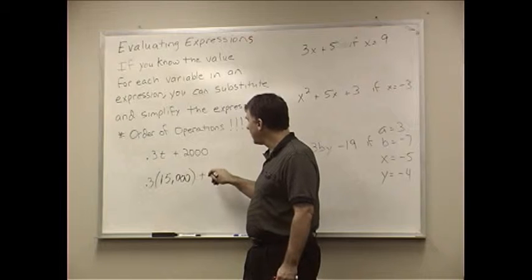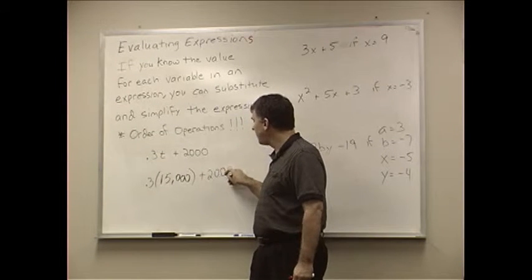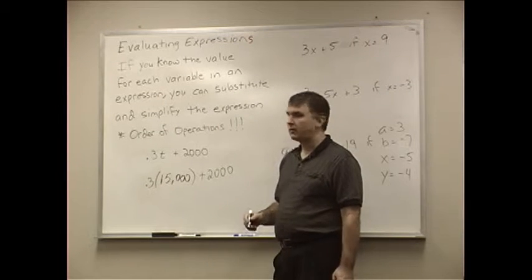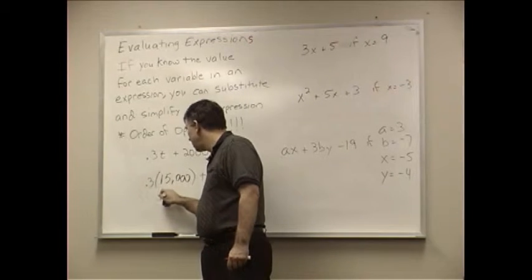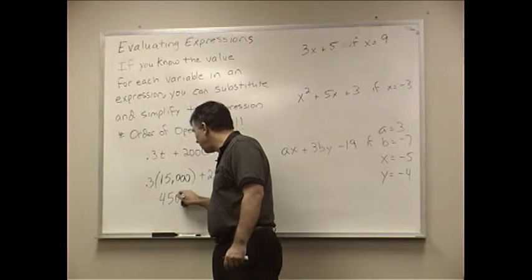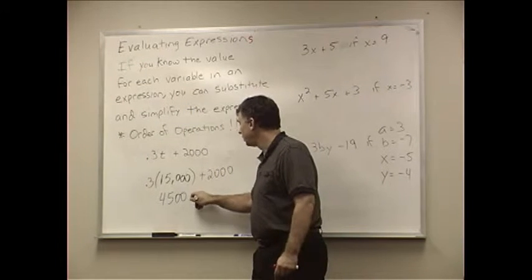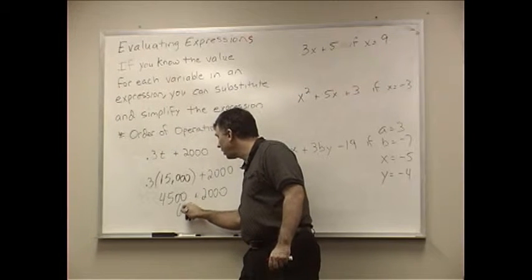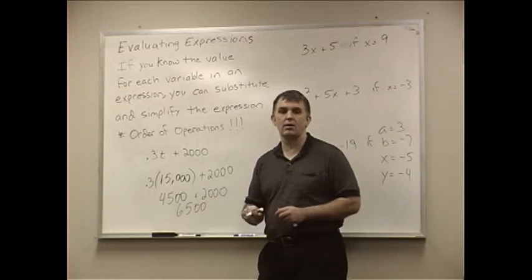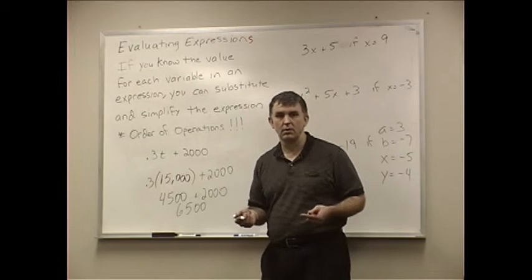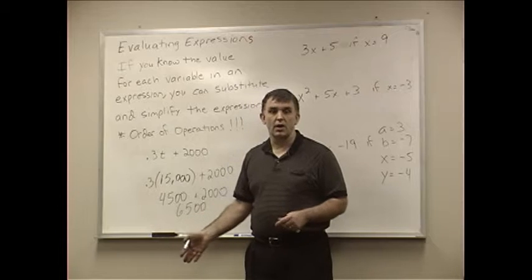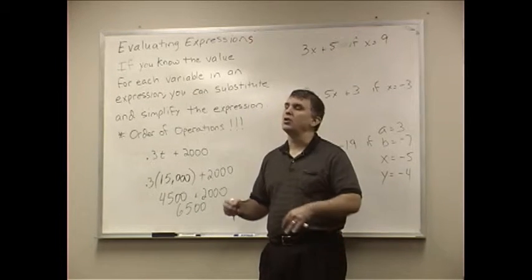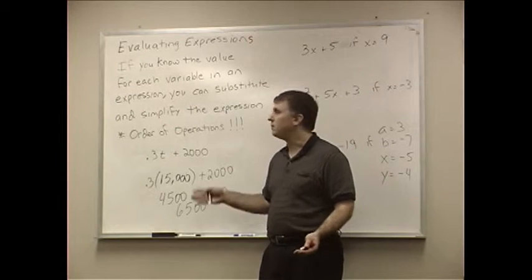Well, now that it has changed, you put in 15,000 for that. 0.3 times 15,000, I believe is 4,500, plus 2,000. They're only going to prepare 6,500 hot dogs ahead of time for this game. So you see, the expression gives them an idea of how many hot dogs to prepare. You can use that all over the place in business.